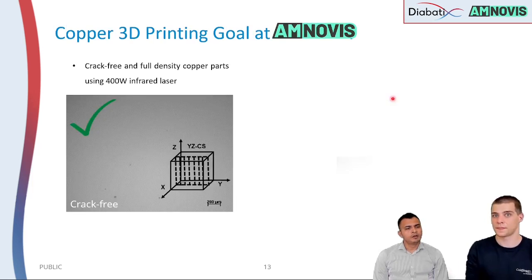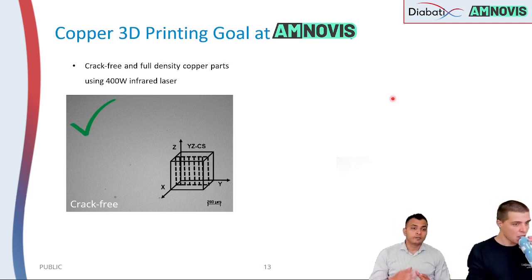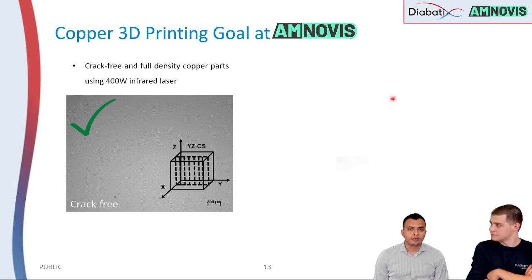Those are the issues with the conventional, cheap manufacturing techniques. Yeah. So, considering the limitations of the skiving manufacturing process, as suggested by Niels, and the potential of additive manufacturing to create complex shaped, near net shaped parts, we at Amnovis decided to have two objectives for copper printing.